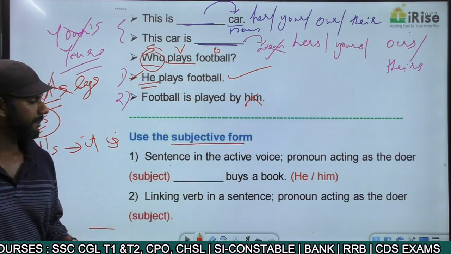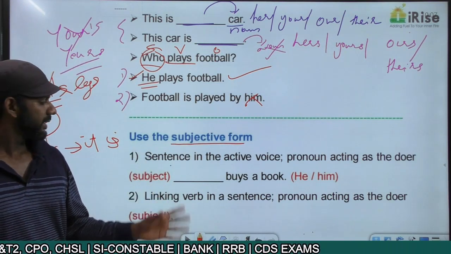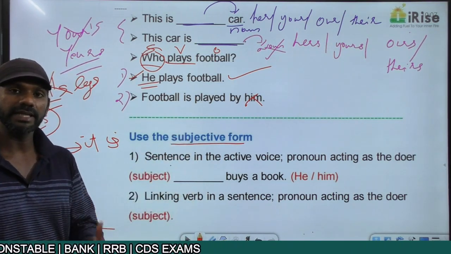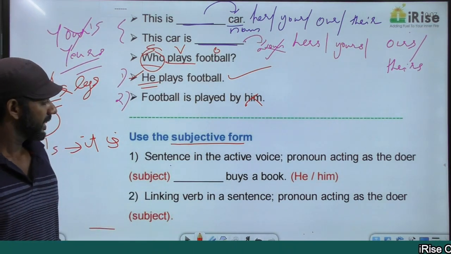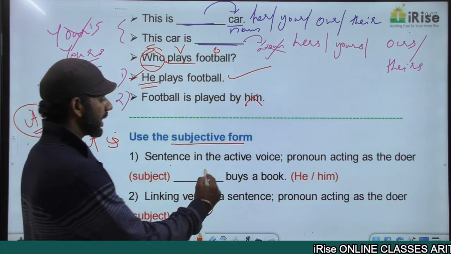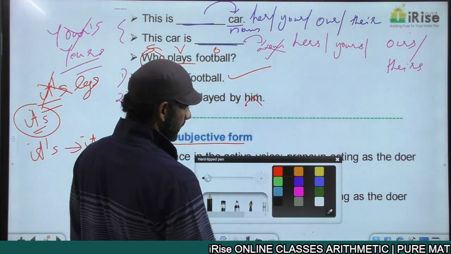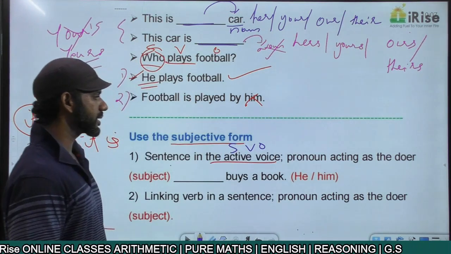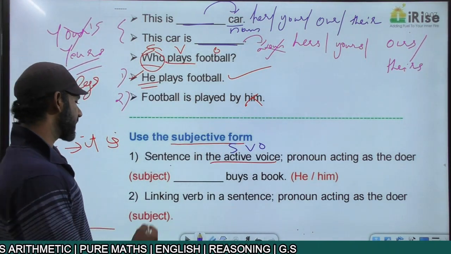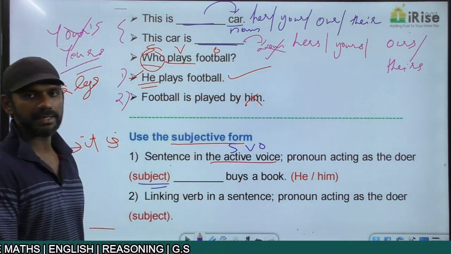Come to the first one. Use the subjective form. That means the situations where we need to use the subjective pronouns. The first one: when the sentence is in the active voice and the pronoun acts as the doer. Doer means the subject.